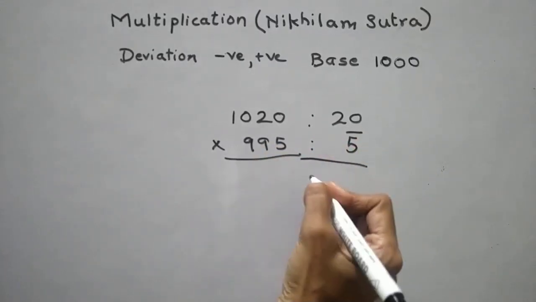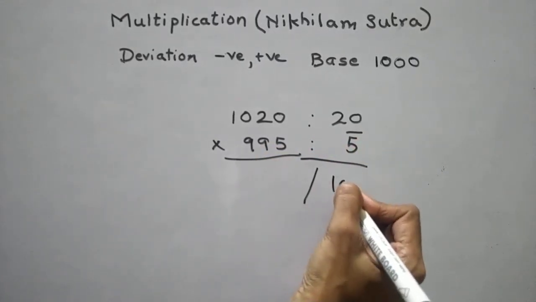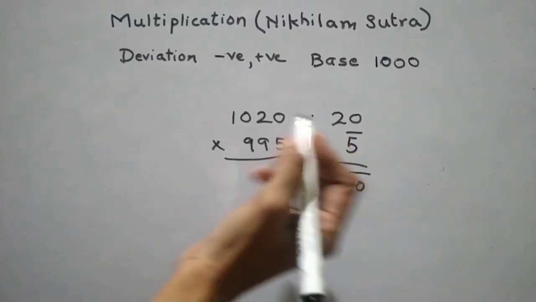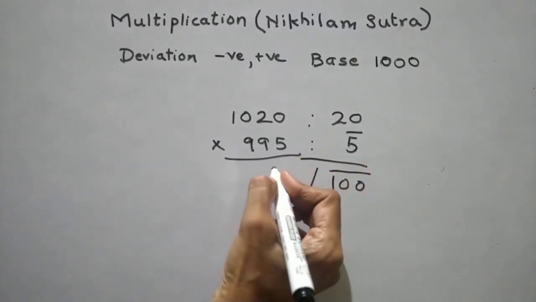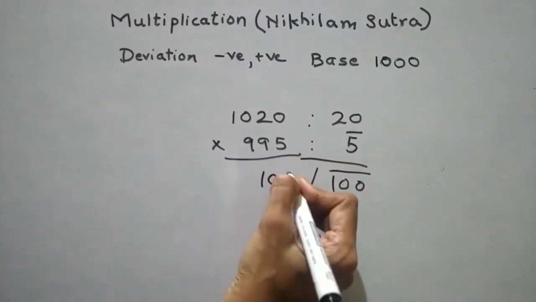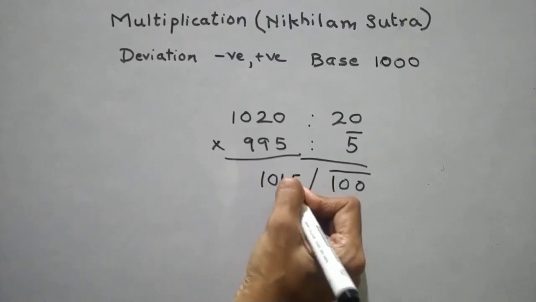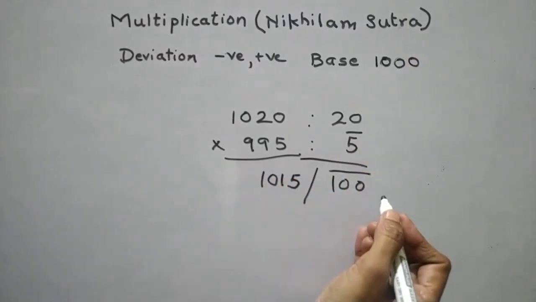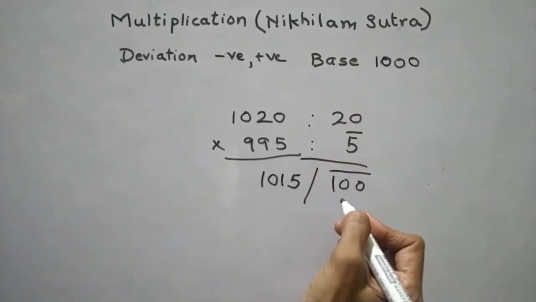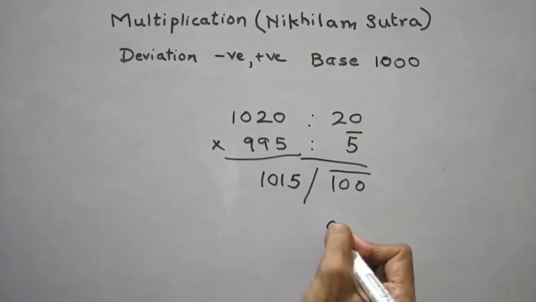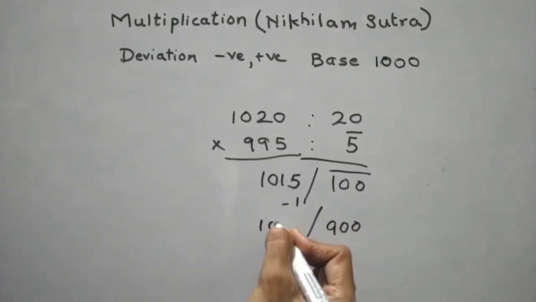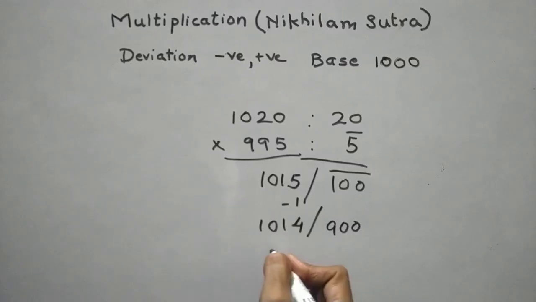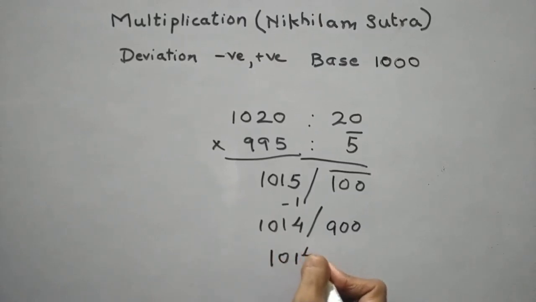Now multiply these two: 20 times 5 gives 100, and 1020 minus 5, or 995 plus 20, gives 1015. Your base is 1000, so we need 3 digits. Again the same thing: 1000 minus 100 gives 900, and here we subtract 1, so we get 1014. So the final answer is 1014900.